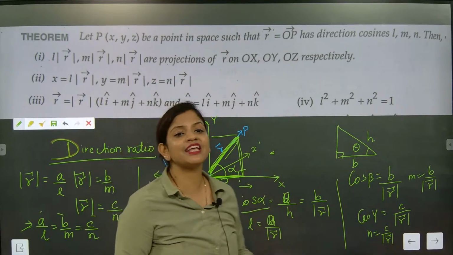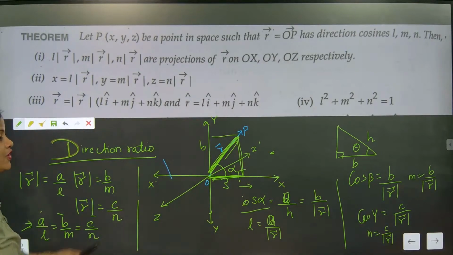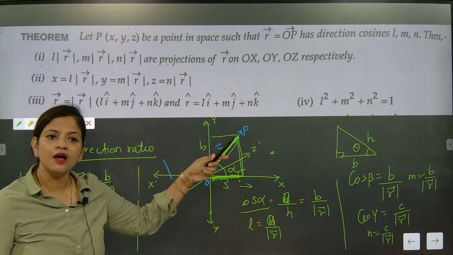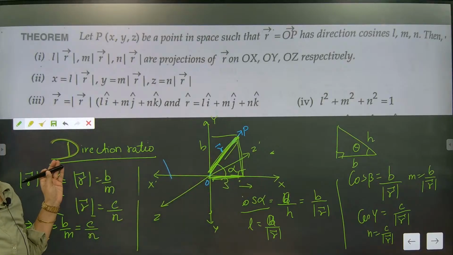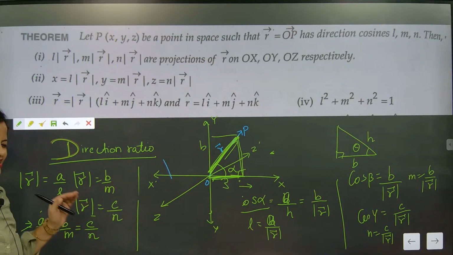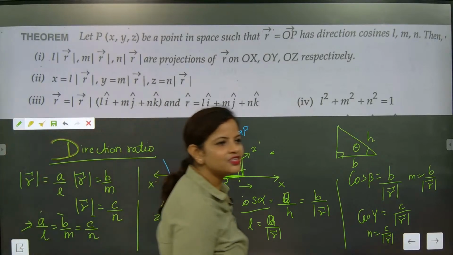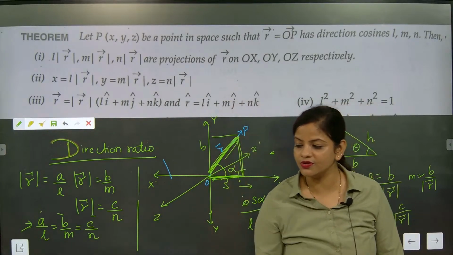These numbers can be positive or negative. Why? If we go positive of X, it will be positive. Negative of X, negative. Understood? And this is the entire story. Note down this one.